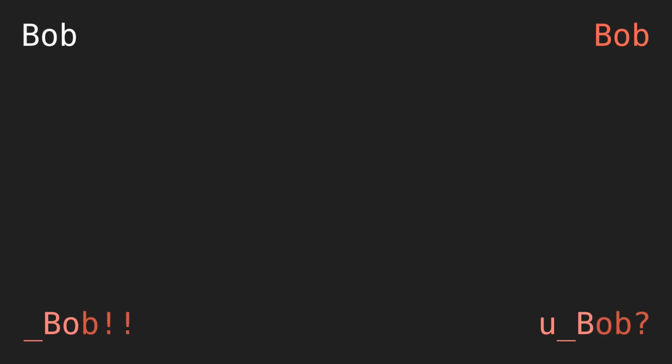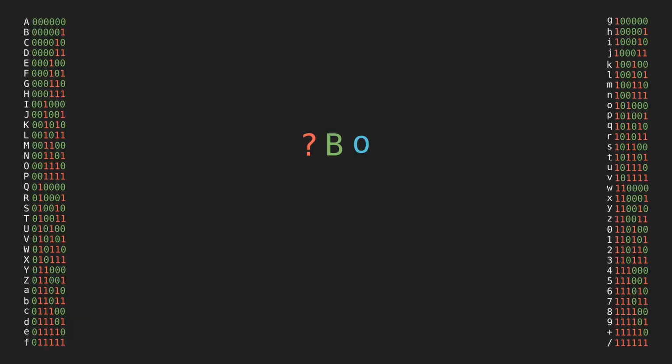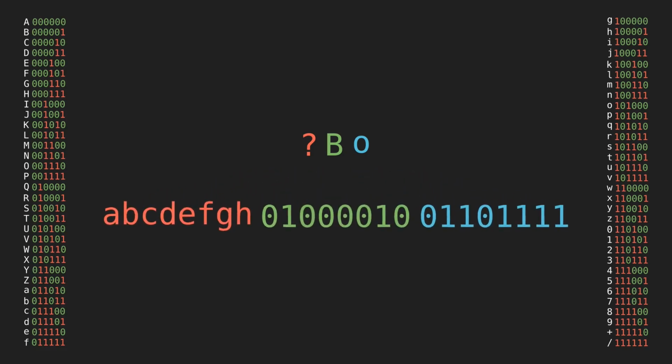Now, let's do one of the other cases. We will start with the down left one. Note that we now have 2 subcases, one with the start and one with the end of Bob. We will do them independently, then we'll concatenate the results we get. The first character can be anything, so we don't know its decimal representation nor its binary representation.